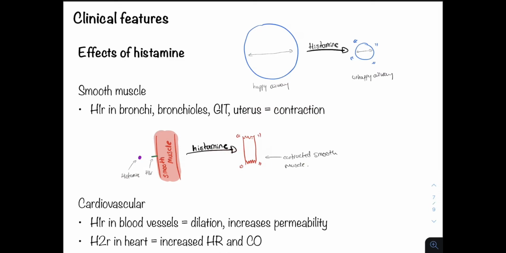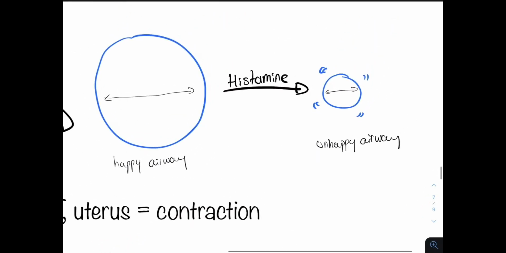So from this, we can appreciate what will happen in the bronchi and the bronchioles. The bronchi and bronchioles usually have a nice, happy, high caliber airway. Histamine causes contraction of the smooth muscles that line the airway, resulting in a small caliber, unhappy airway.